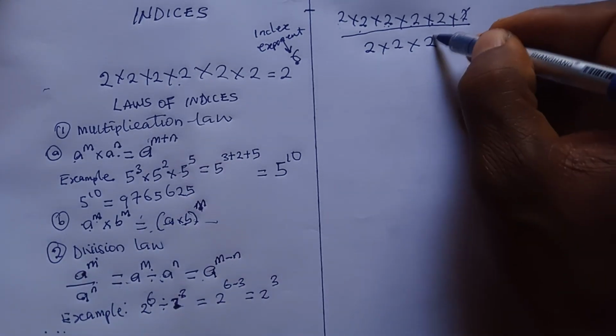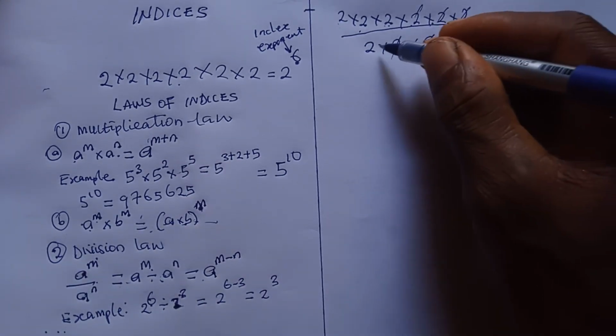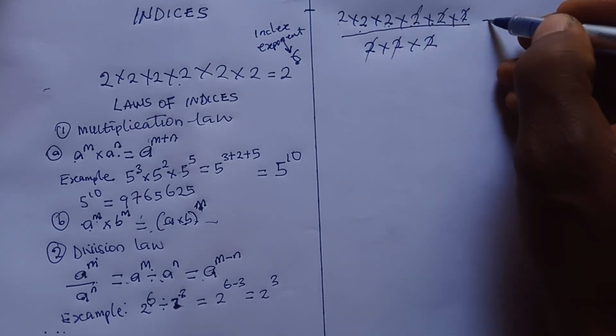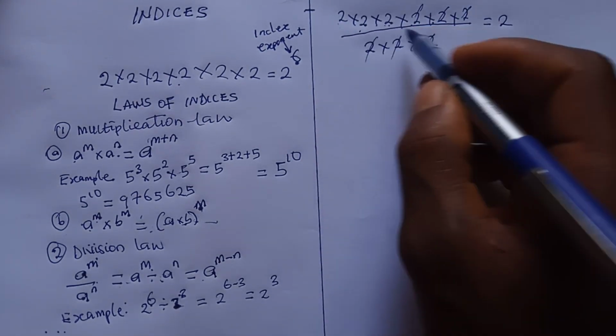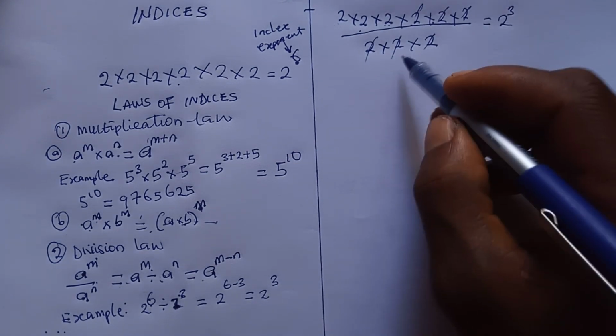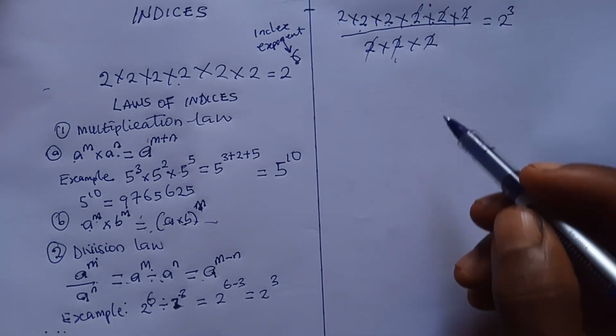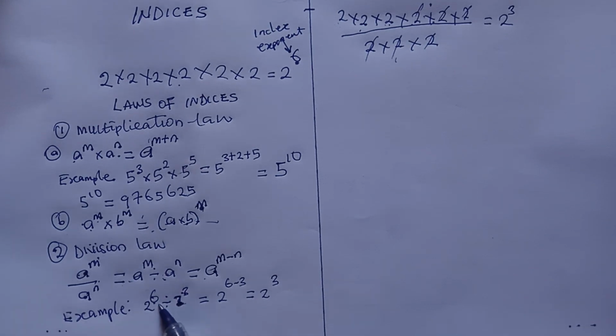And this will take care of this, this will take care of this, this will take care of this. So you now see that what you have left is 2 three times, that is 2 raised to the power 3. So instead of going this long approach, that is why we use this. So this is number 2 law, and we call it the division law.